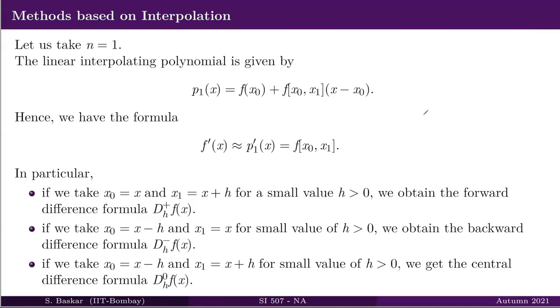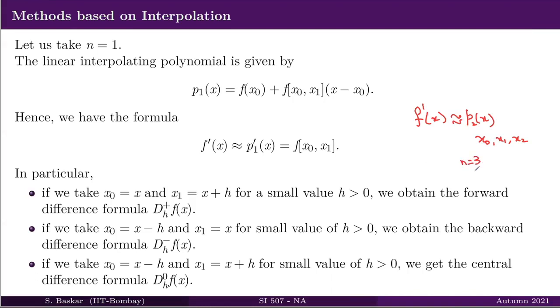Similarly, you can also approximate f of x by p2 of x at some points x0, x1, and x2. With this idea, you can generate many more formulas for the first derivative of f. And why only 2? You can take n equal to 3, n equal to 4, and so on.